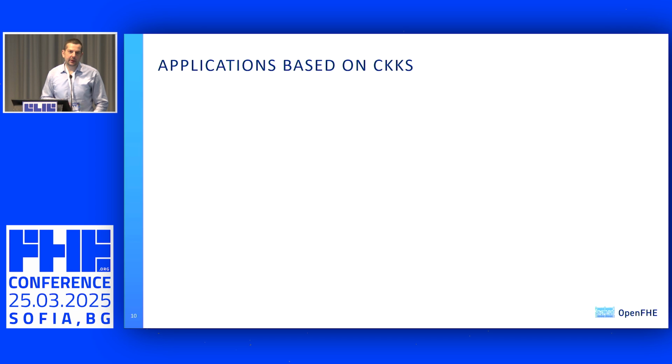Now we're going to look at CKKS. I want to say up front that it's the most commonly used scheme for OpenFHE applications. Probably three quarters of the works that I've seen are based on CKKS in some way or another.